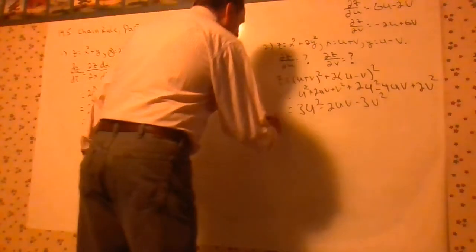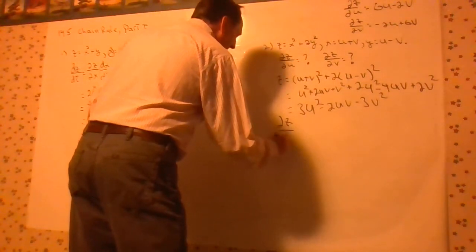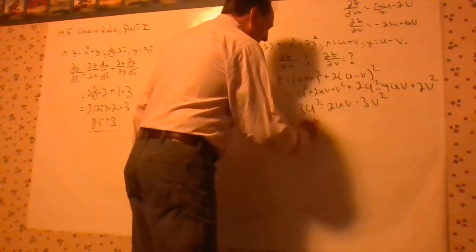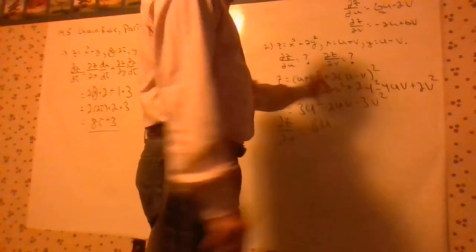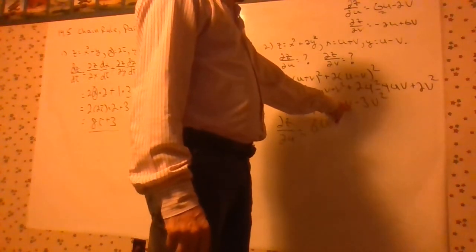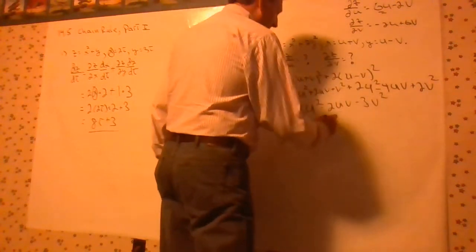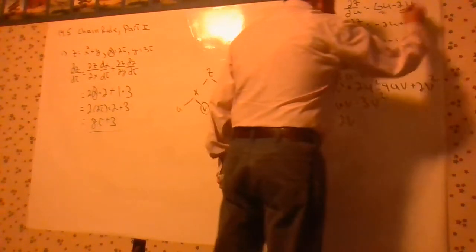And you can check partial of z with respect to u is 6u. That's this term right here. Okay, and this term 2v is a constant. That's the variable, so it's minus 2v. That's this term right here. V is constant, that term goes to 0.